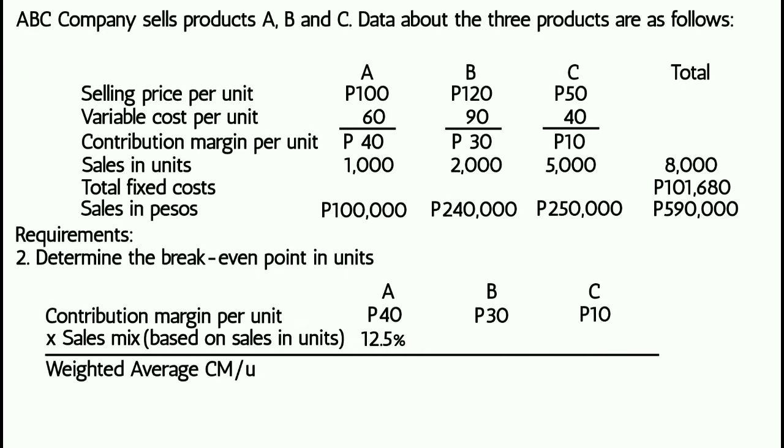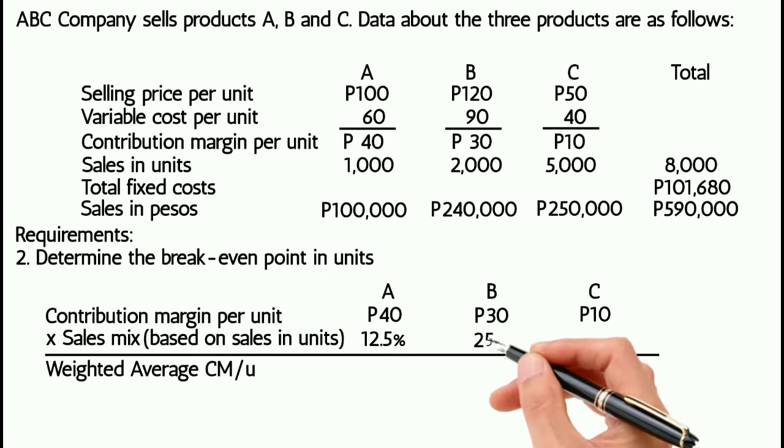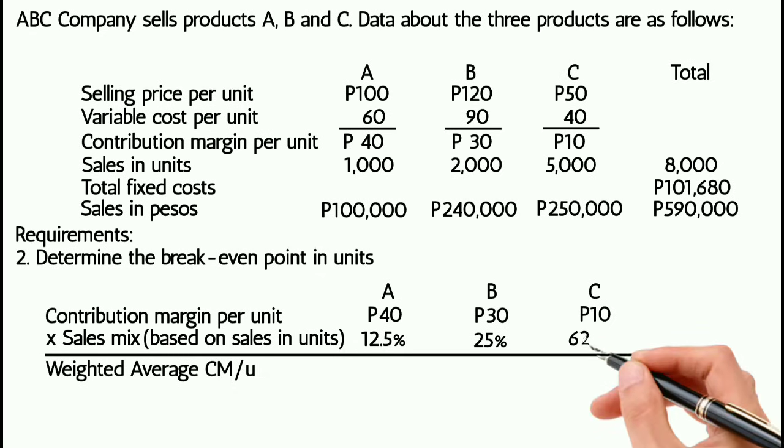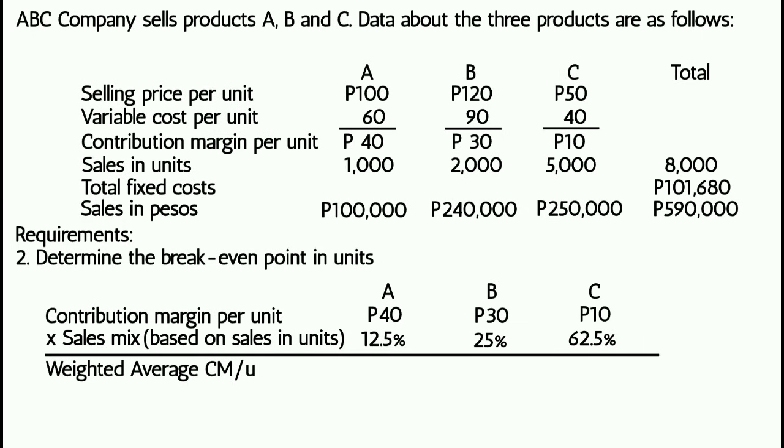For product B, 2,000 units divided by 8,000 units, that is equal to 25%. For product C, 5,000 units divided by 8,000 units, that is equal to 62.5%.